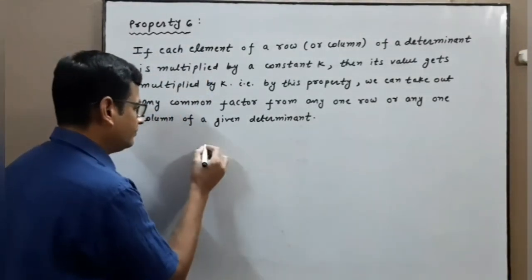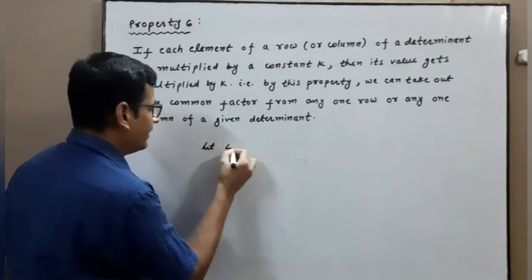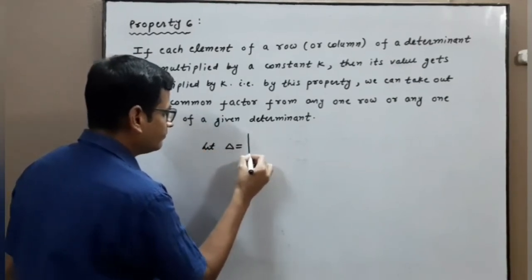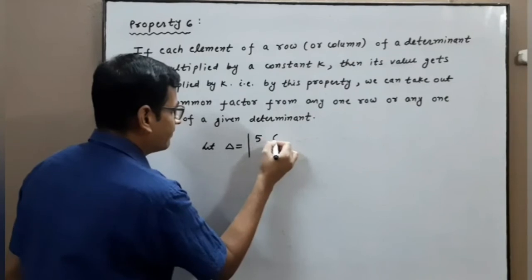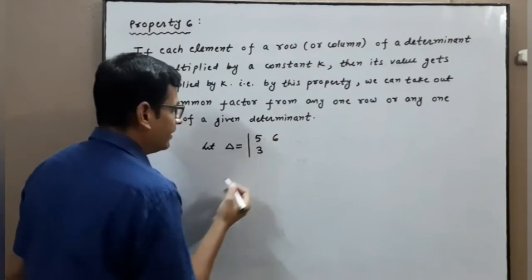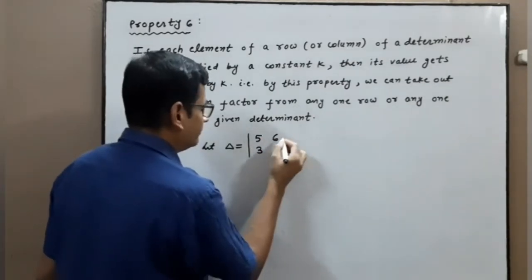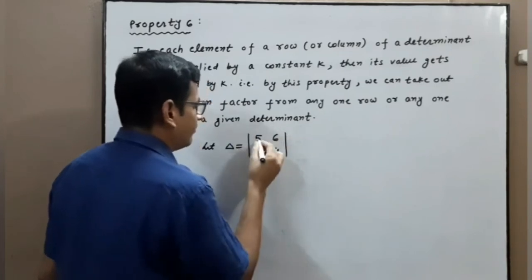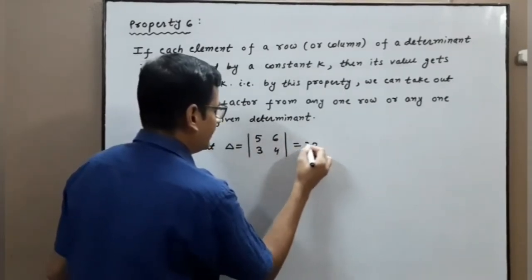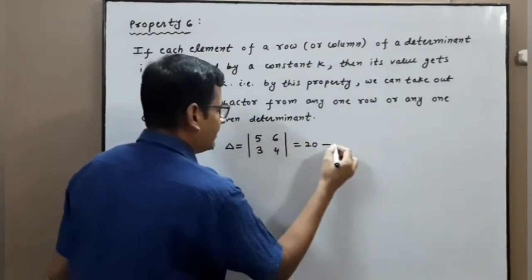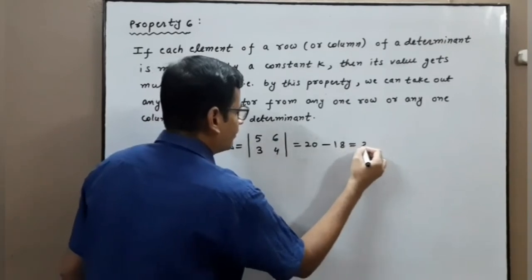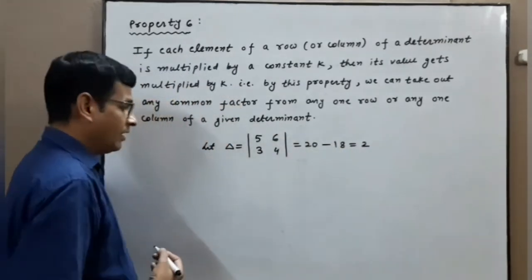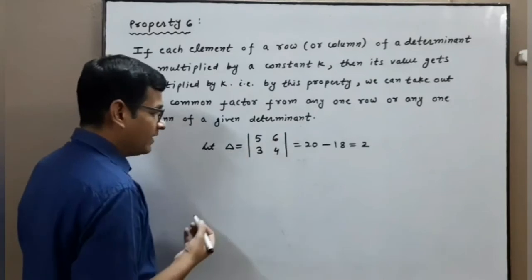Let del equal to |5 6; 3 4|. Simplify. 5 4s are 20 minus 6 3s are 18 is equal to 2. Now multiply any row by any constant.